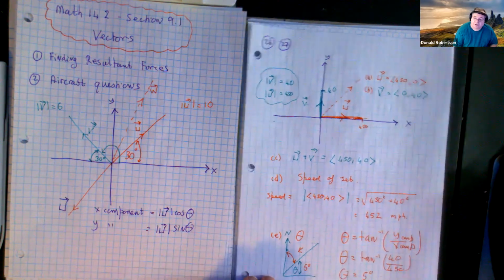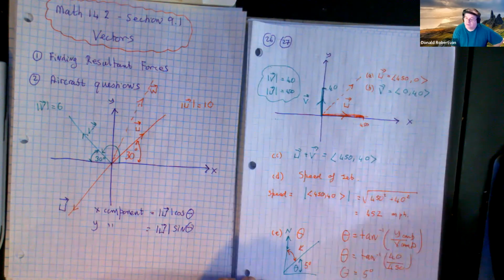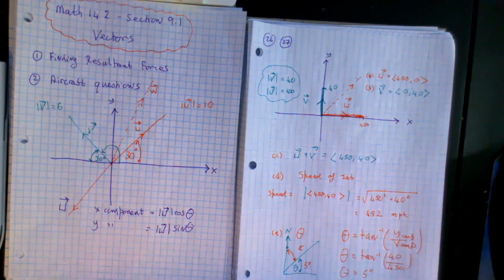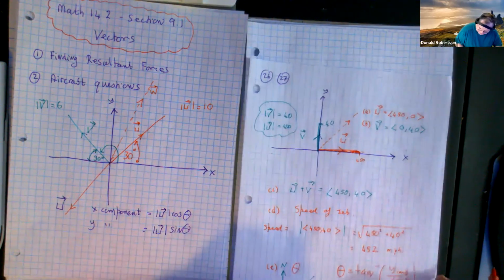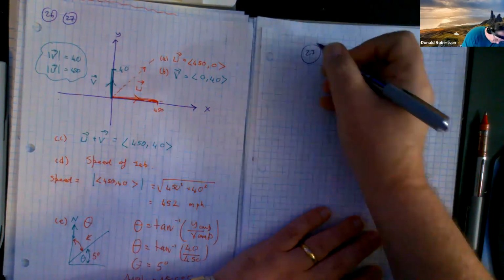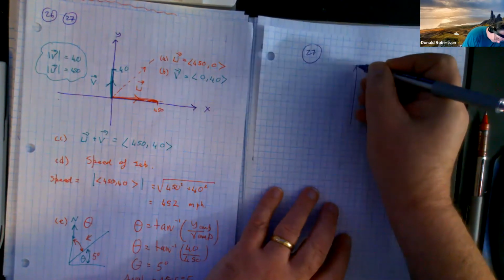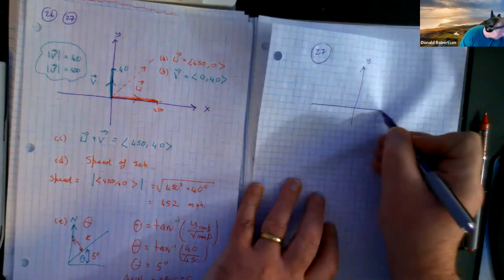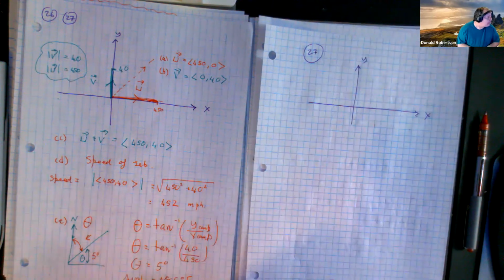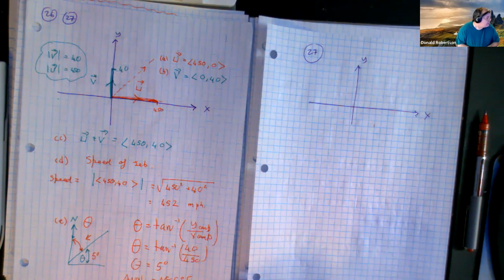Do you want to see another one of these ones, or are we good? Sure. Okay, so the other one is 27. And you've got north, which is our y-axis essentially. And you've got x, which is our east one. And a jet flying through a wind that is blowing with a speed of 55 miles an hour at a direction north E 30 degrees.